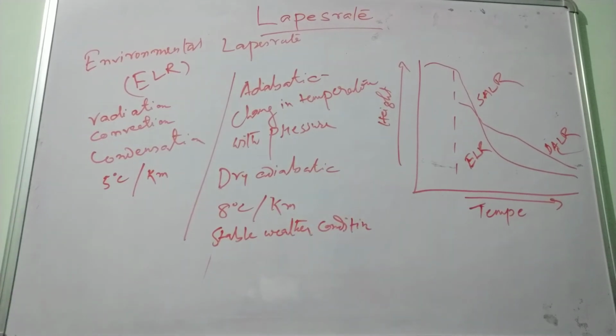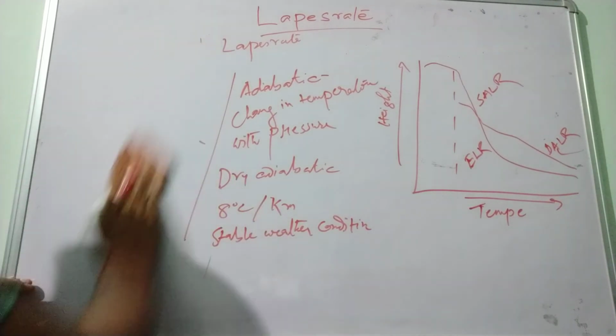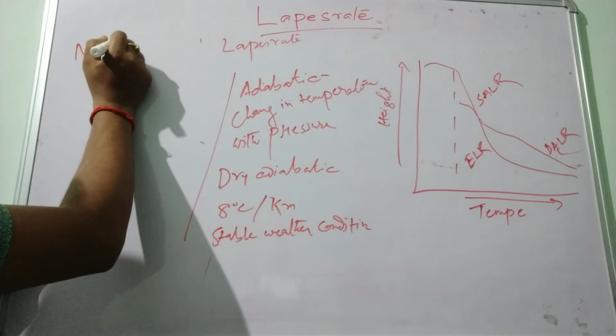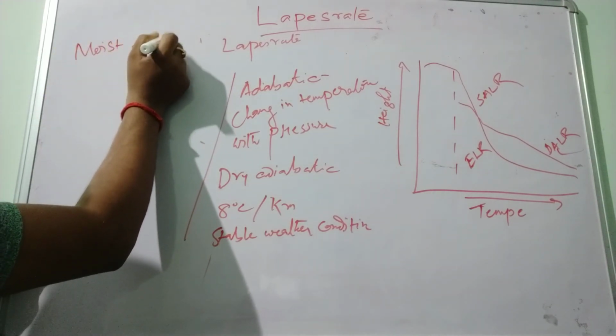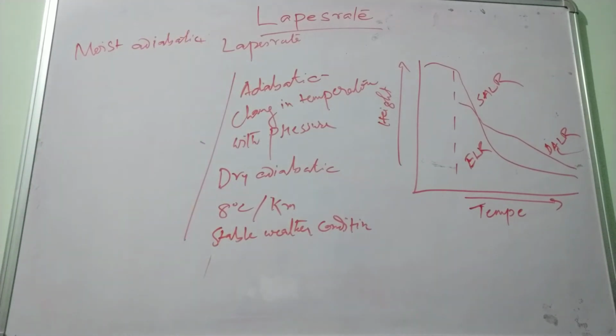And the other important lapse rate is known as the moist adiabatic lapse rate. This moist adiabatic lapse rate occurs when an air parcel that is saturated with water vapor rises, and some of the vapor will condense and release the latent heat of condensation.